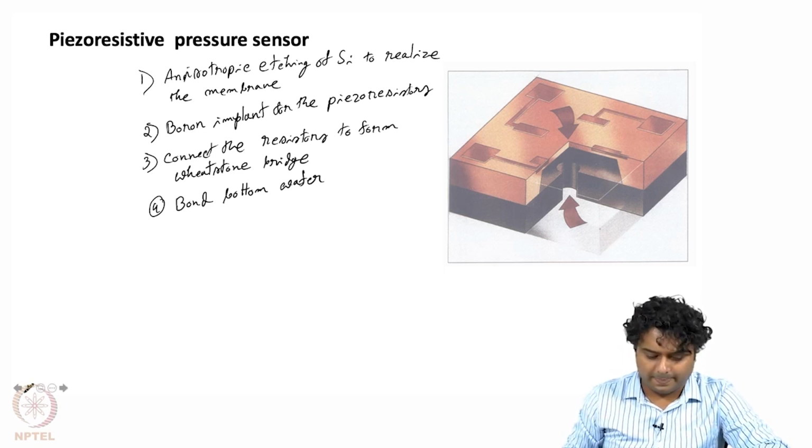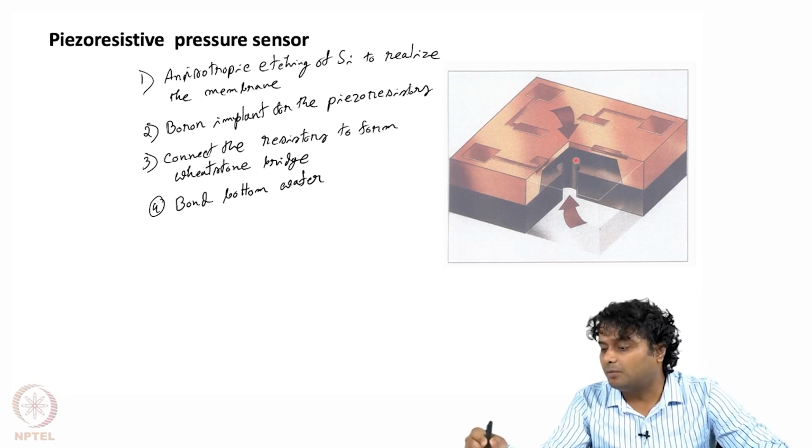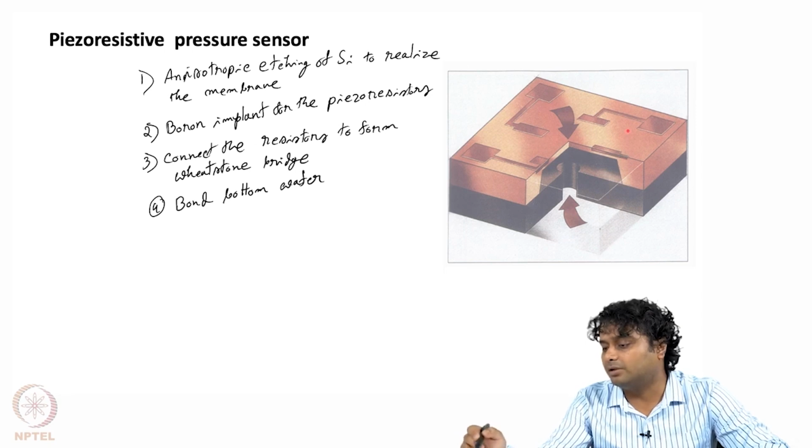Here, as you can see, the top wafer has the membrane and all the resistors, all the devices made on it, but the bottom half actually contains the pressure probe.